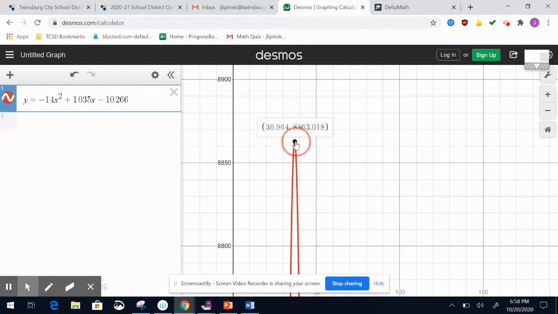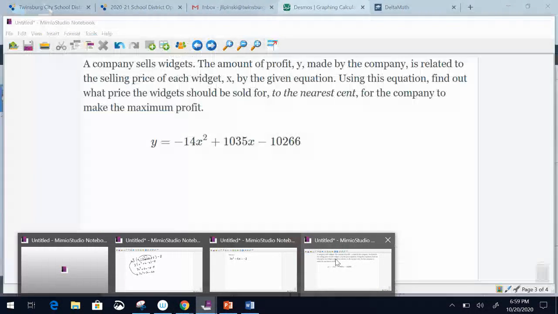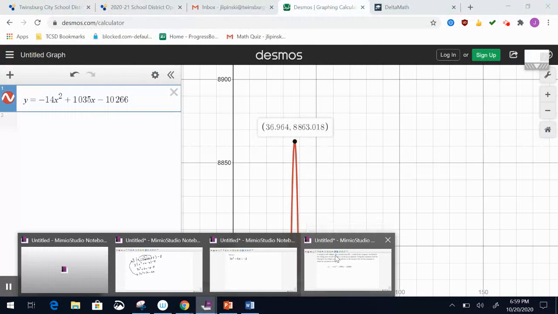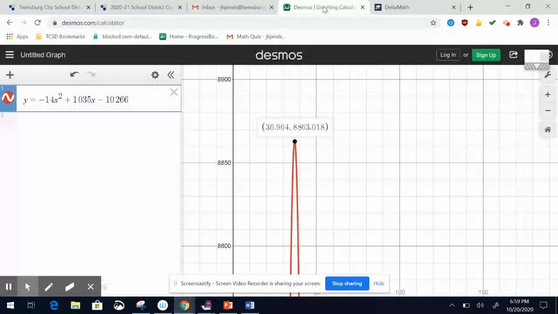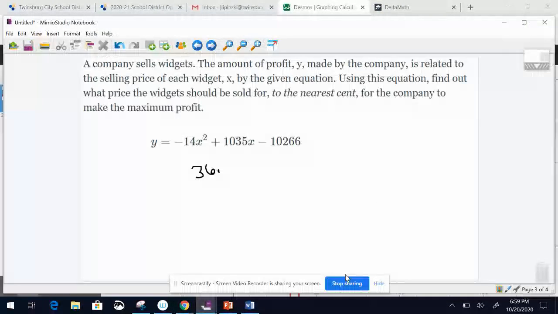Remember what your X value and what your Y value stand for. This is the price per widget. This would be the maximum profit. So for this problem, the price per widget would be $36.96. So we would want to sell that widget at $36.96. That's all you do for this. You find the maximum.